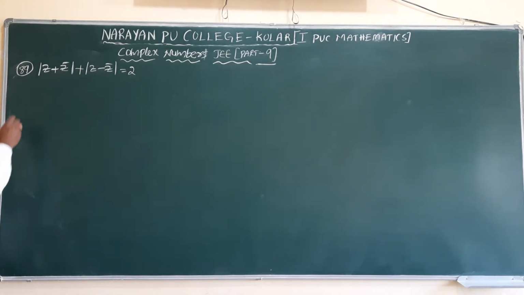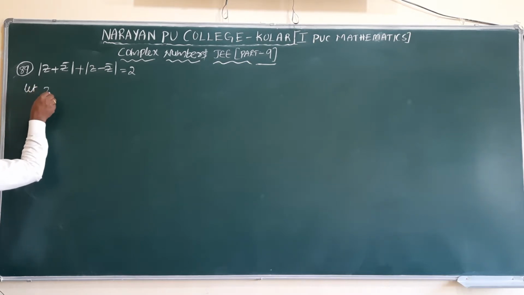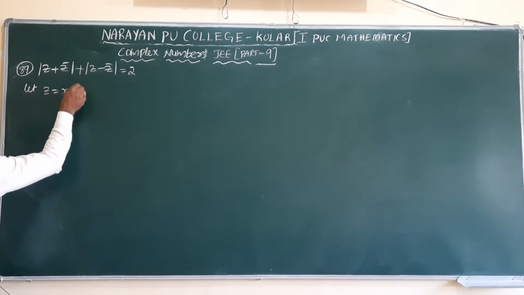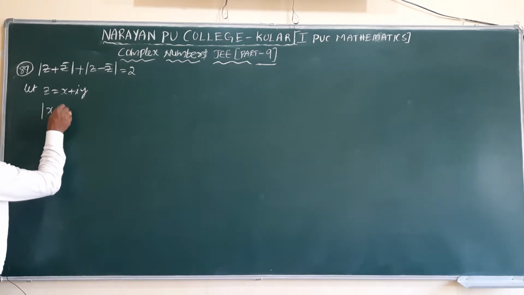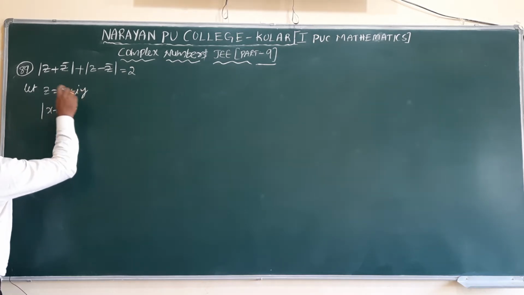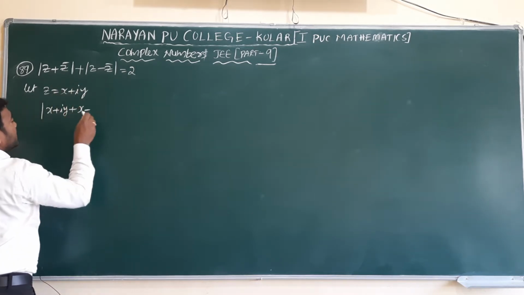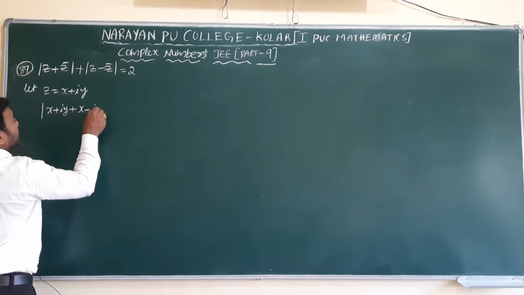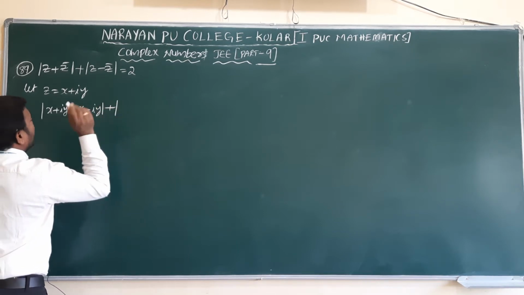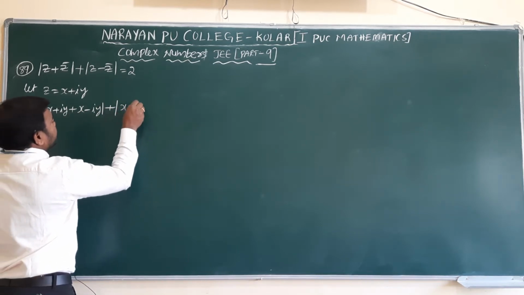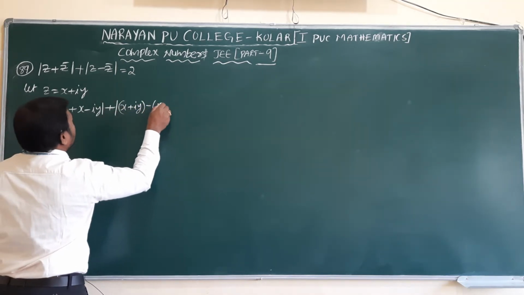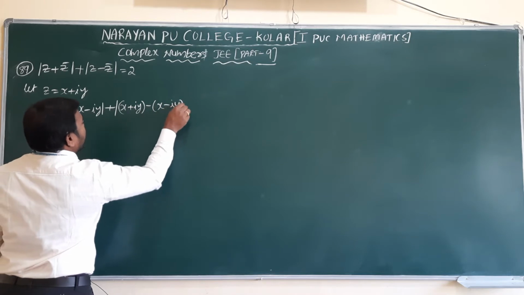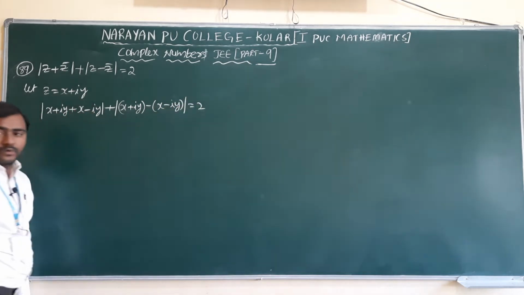Here let z is equal to x plus iy, then z bar should be x minus iy. Here x plus iy plus z bar, the conjugate of this z, is x minus iy, plus x plus iy minus of x minus iy is equal to 2.